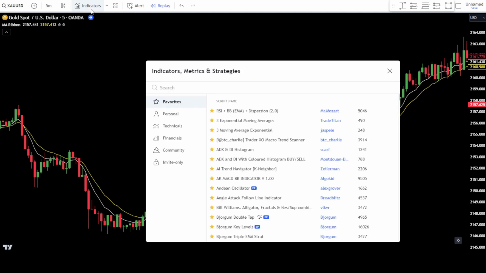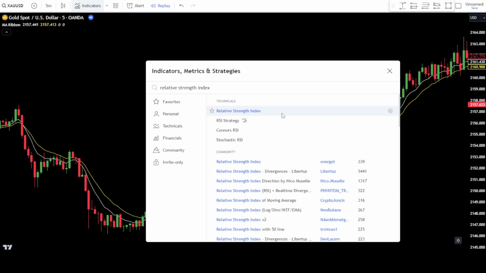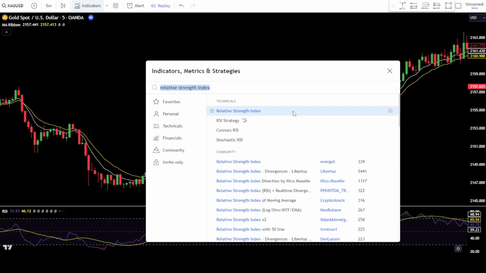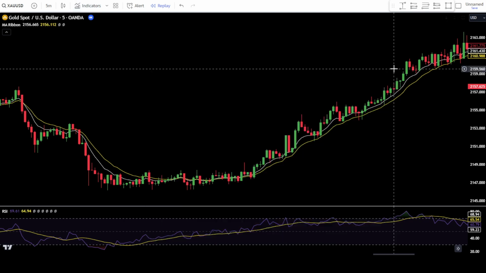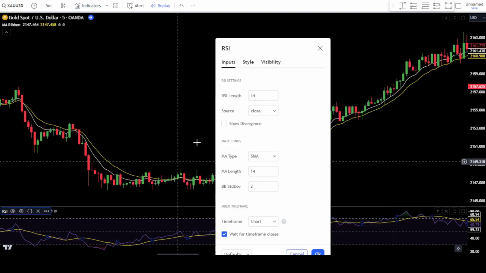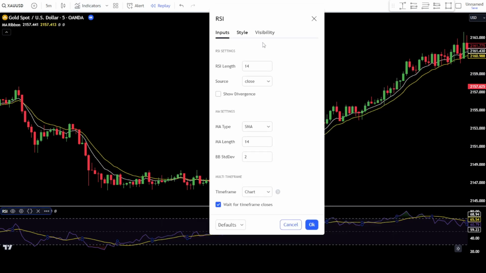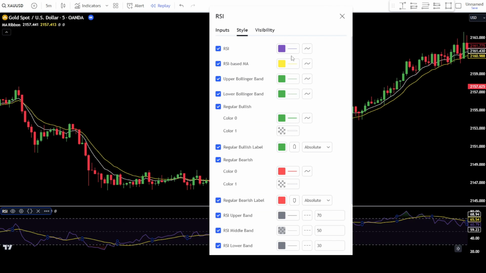Go to the Search Indicator tab and type RSI or Relative Strength Index. Then, select the default RSI from TradingView. Access the RSI indicator settings. In the Input tab, leave it at the default settings. Then, go to the Style tab. Remove all marks except for RSI, RSI upper band, and RSI lower band.